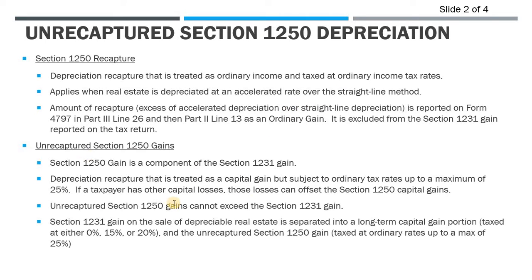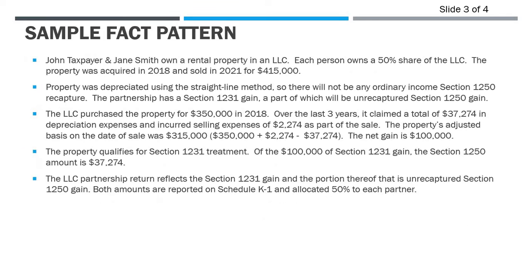Down here where we have unrecaptured Section 1250, you get that ordinary rate treatment, but it's capped at 25%. And that's what we're going to see with the examples with John and Jane: John is in a higher tax bracket, so he's going to get the maximum rate here while Jane will get the lower rate.